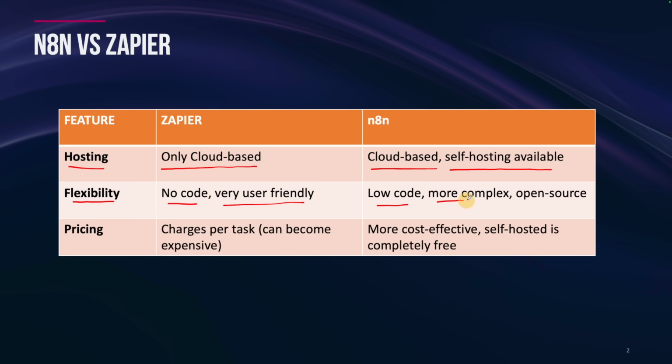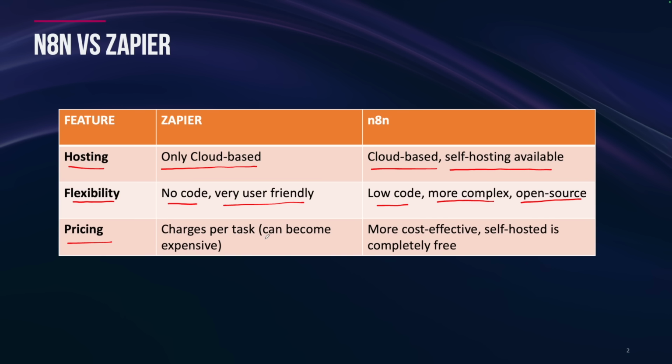It is slightly more complex than Zapier, and it's open source. Now, n8n is a bit more powerful and more flexible than Zapier because obviously, since you can code, you can create advanced workflows.